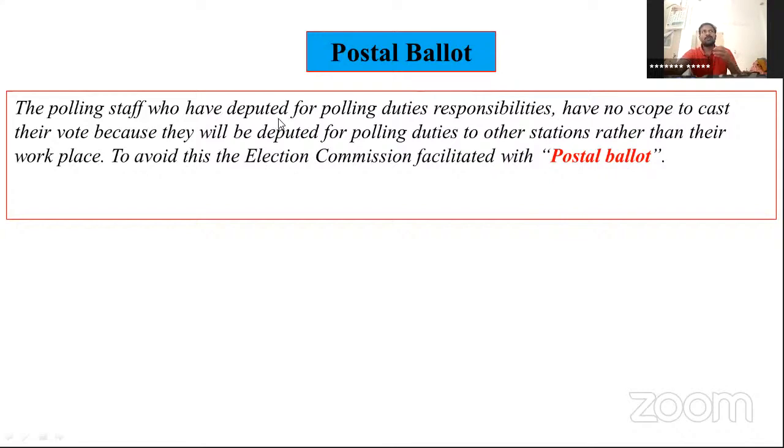The polling staff who have been deputed for polling duties have no scope to cast their vote because they will be deputed to other stations rather than their workplace. To avoid this, the Election Commission facilitated employees with the postal ballot.